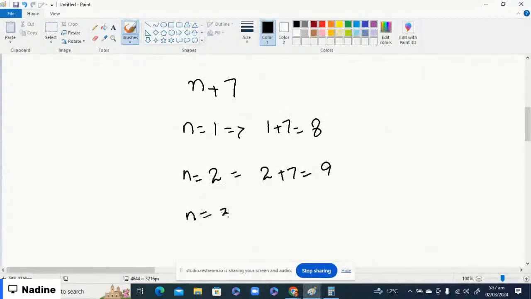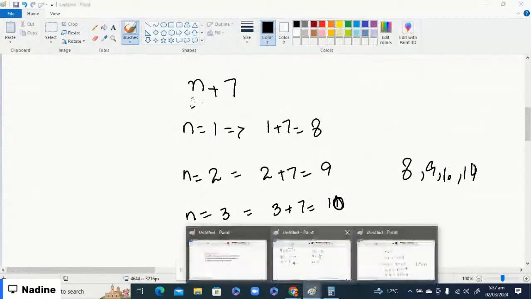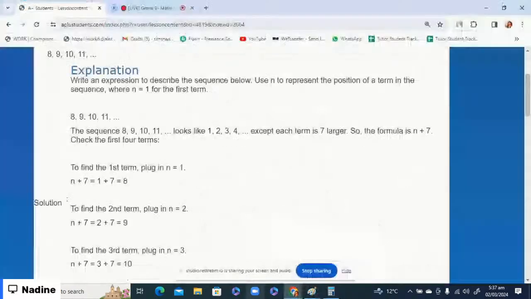Now n is 3, so 3 plus 7 is 10. Now n equals 4, so 4 plus 7 equals 11. So the sequence pattern is 8, 9, 10 and 11. Here the sequence pattern is n plus 7.